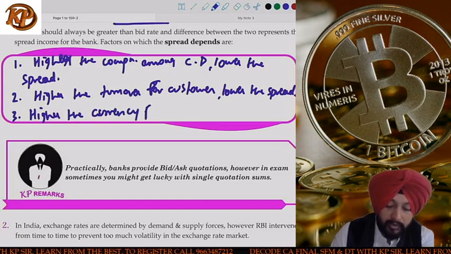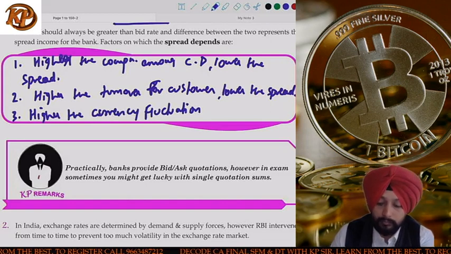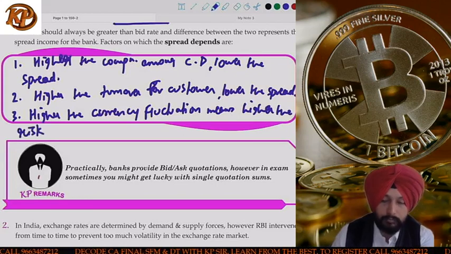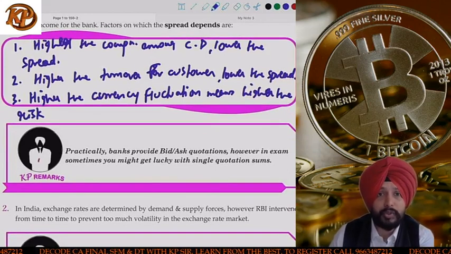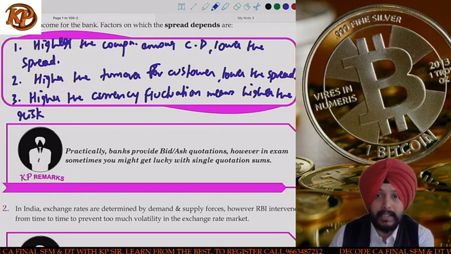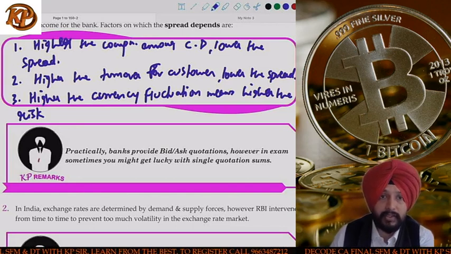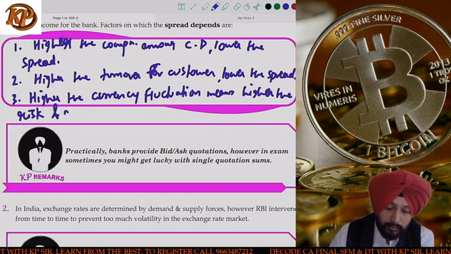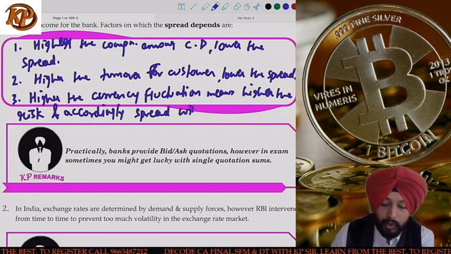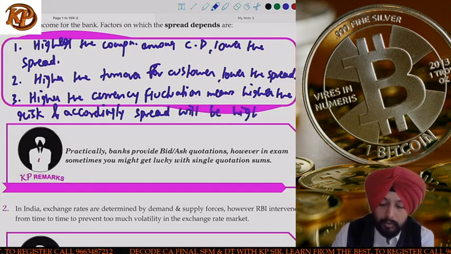Point number three, higher the currency fluctuation means higher the risk, and accordingly spread will be higher.